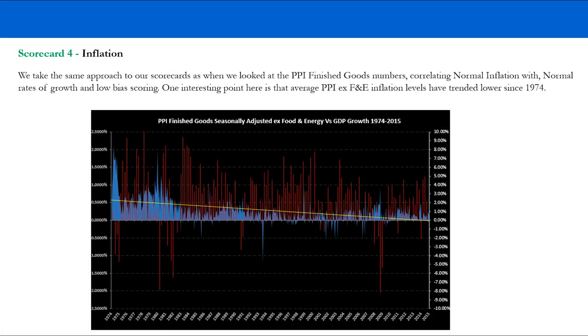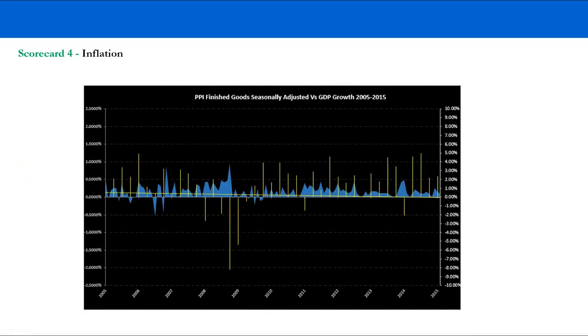So this is how we start to, again, build our scorecards. And when we look at this pictorially and zoom in to recent times, we can get a further understanding when we zoom in on how monthly percentage changes in PPI are associated with certain levels of GDP. So if you look across the spectrum here, you can see most positive numbers are going between 0 and 3%, 2%, and most inflation numbers are coming in at between 0.25% and 0.5%.